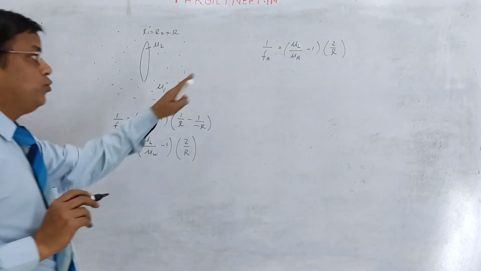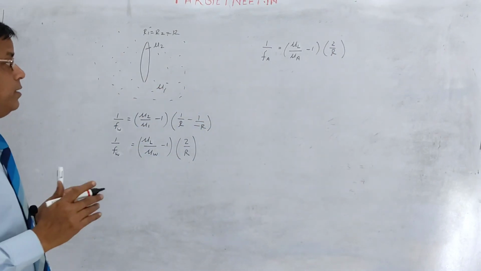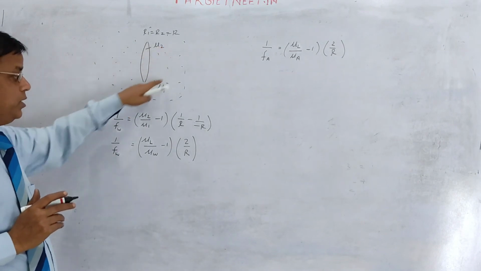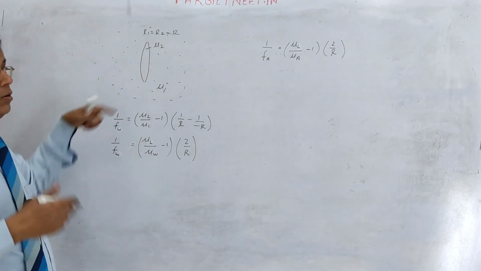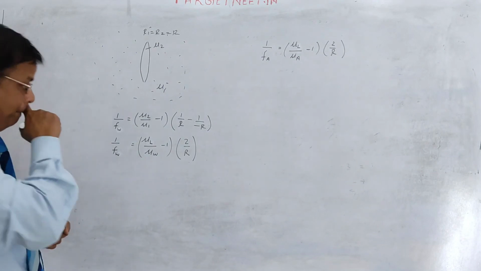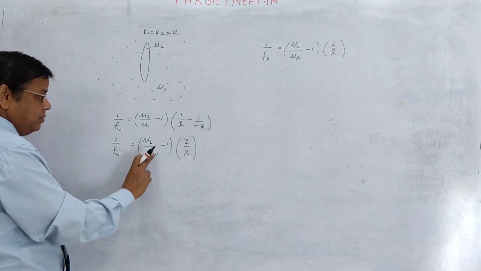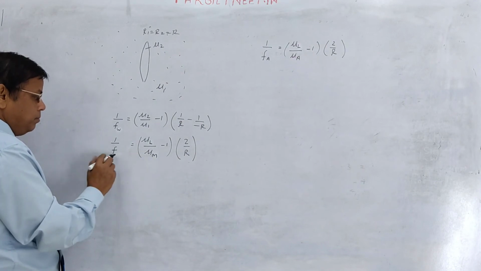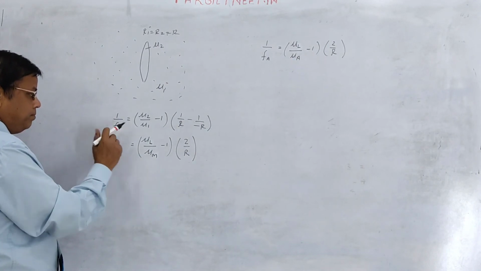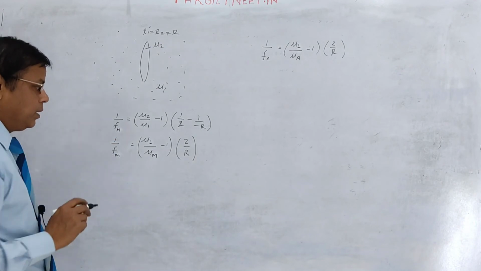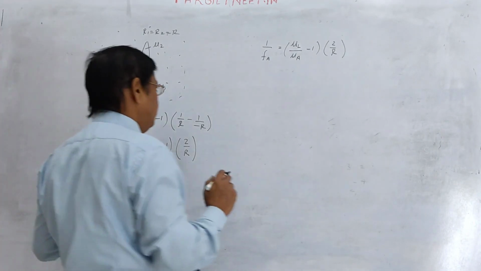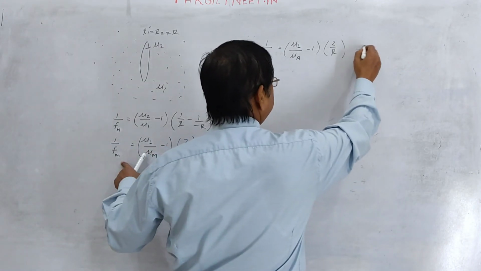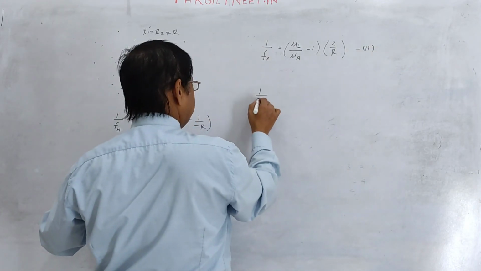So if you divide these two, you're going to get a relation between focal length of this lens in air and focal length of this lens in the medium. Medium may be water, may be anything. So let us take this as medium, any medium.